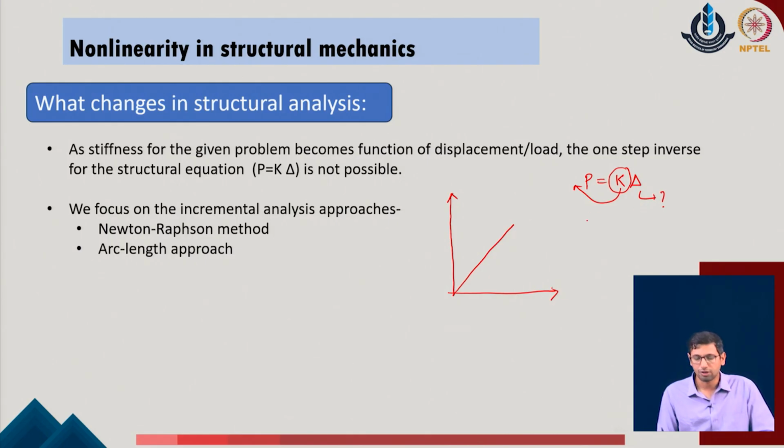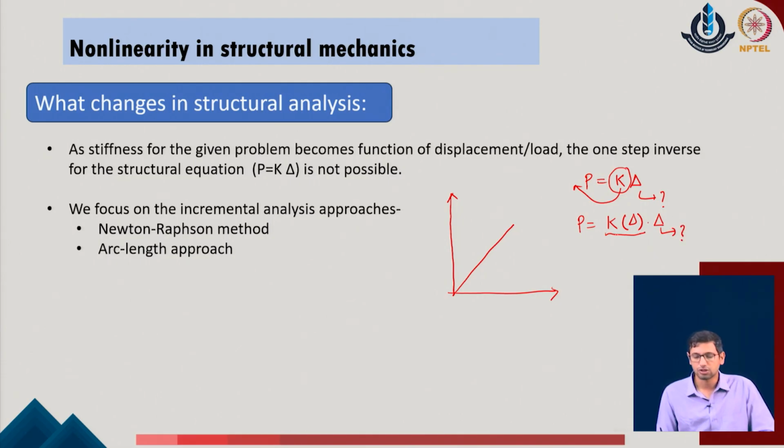But in situations where the stiffness of the system also becomes a function of delta or the load on the system, taking the inverse of the stiffness matrix will not be possible, because now it is itself dependent on the unknown delta, which is not known to the user at the beginning.